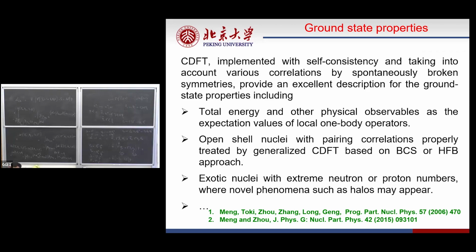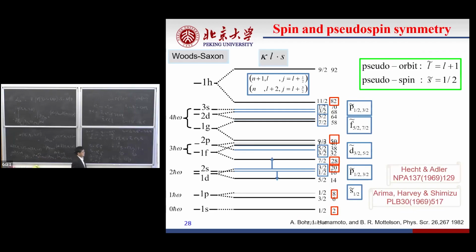For example, the single particle level, total binding energy, the neutron separation energy, size, dimensions, the magnetic moment, and so on. All of them could be described well, or in principle, they should do this work.